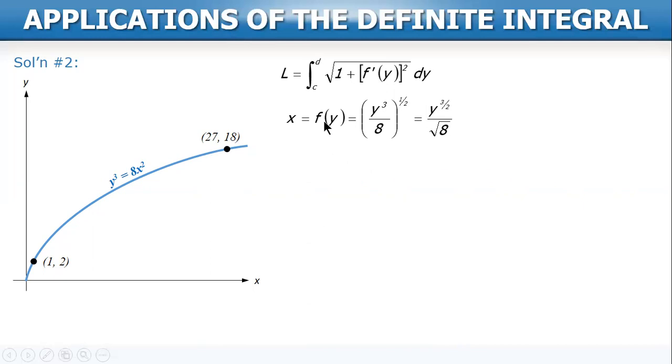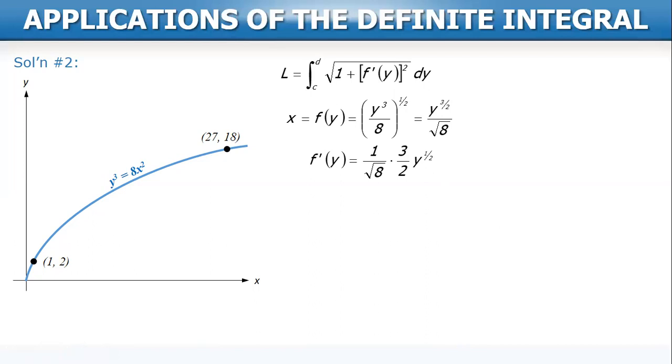So, get the first derivative of x, or f prime y. You can extract or write square root of 8 first and then get the derivative of y raised to 3/2. So the derivative of y raised to 3/2 is 3/2 y raised to 3/2 minus 1, that's 1/2. Okay.